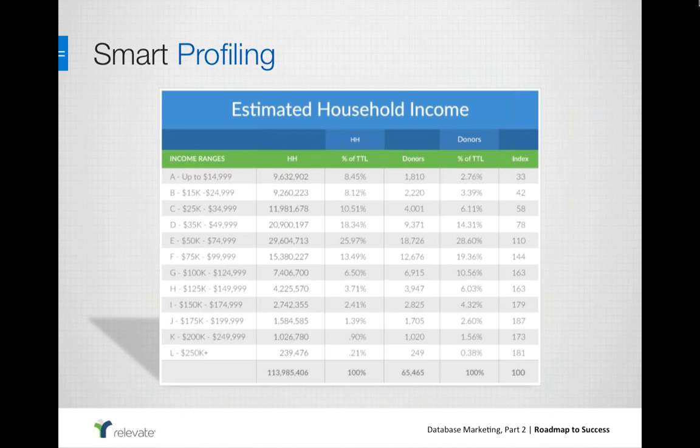An index of 100 indicates that the customer base mirrors that of the national universe for that particular value. An index less than 100 indicates an underrepresentation of the client file for that value, while an index greater than 100 indicates an overrepresentation. In this particular example, we see that the overrepresentation starts at 50,000 and actually increases as income increases. So we can conclude that this customer universe tends to skew towards higher income levels.